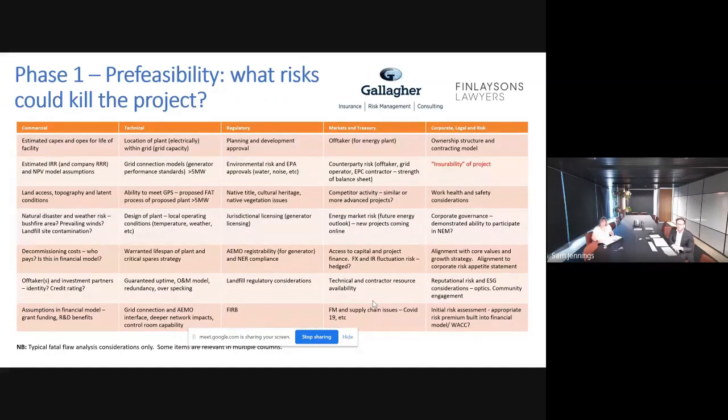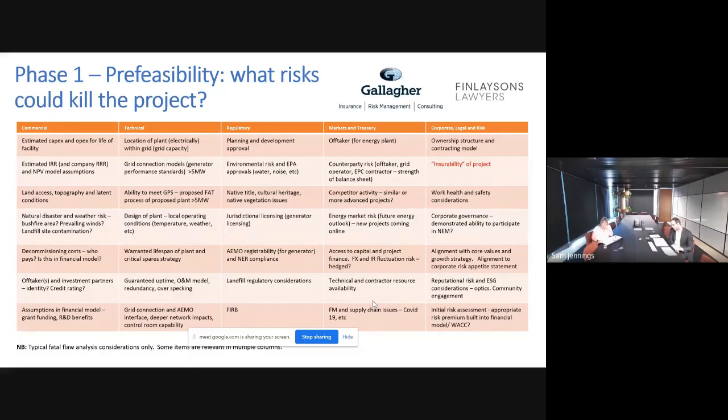Typically at this phase, you're trying to have your investment committee or the powers that be approve investment in the project, and they'll be looking to make sure that you've covered off on any key risk items or red flag items which could prevent the project from moving on to the next stage in the project development timeframe.